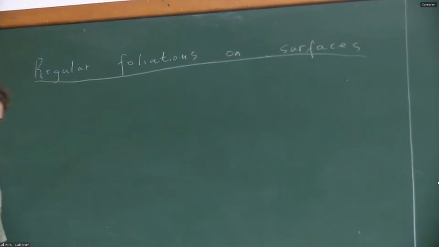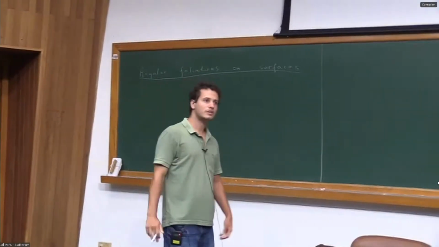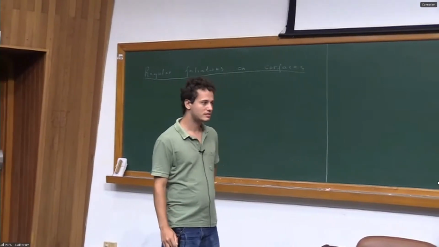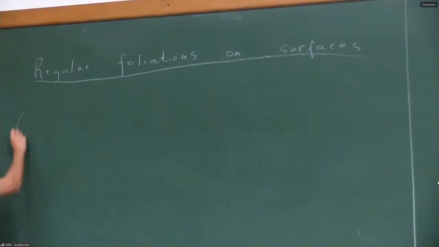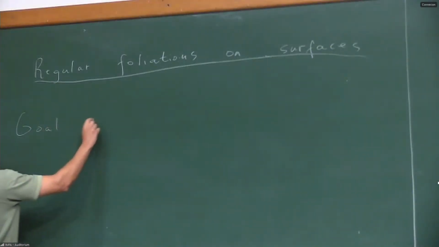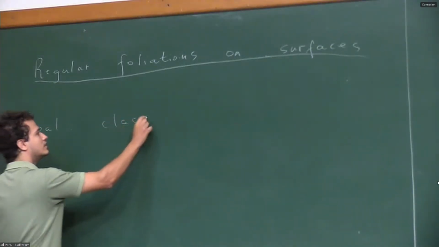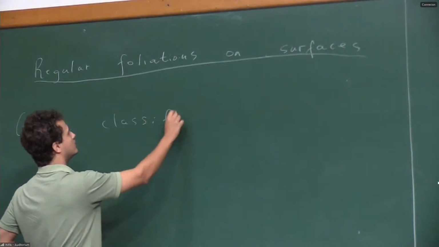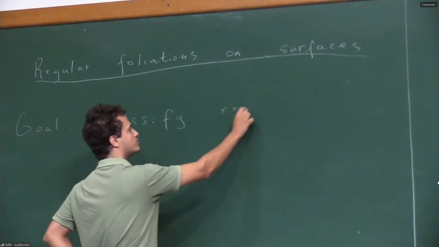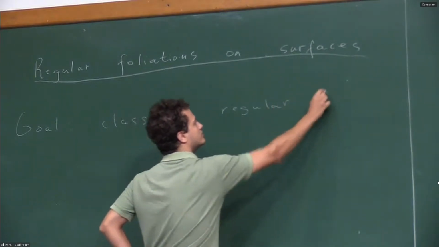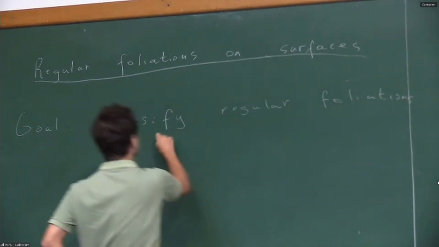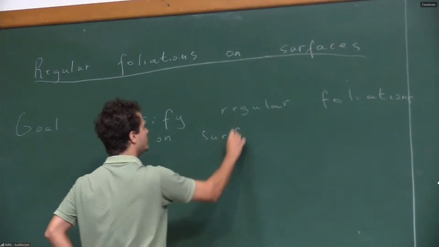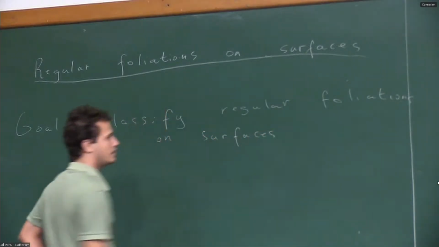Let me just begin by reminding what Carolina did in the last 2 classes. The goal was to classify regular foliations on surfaces.